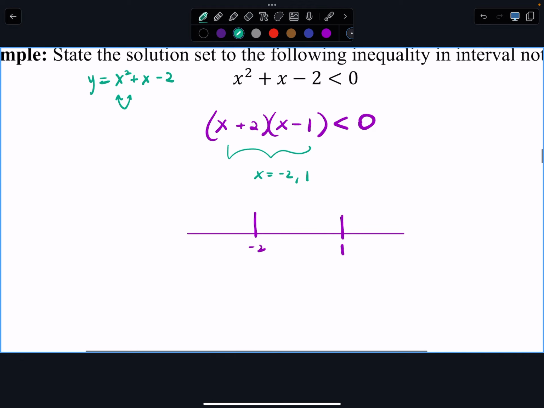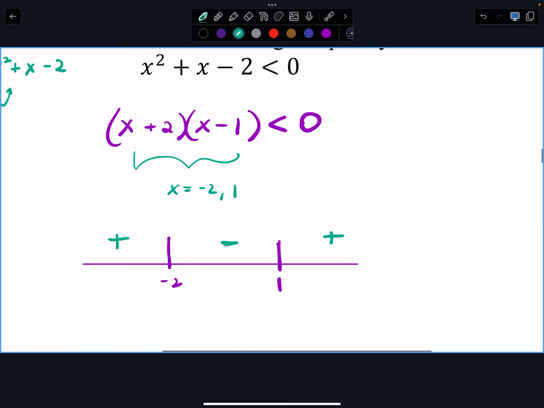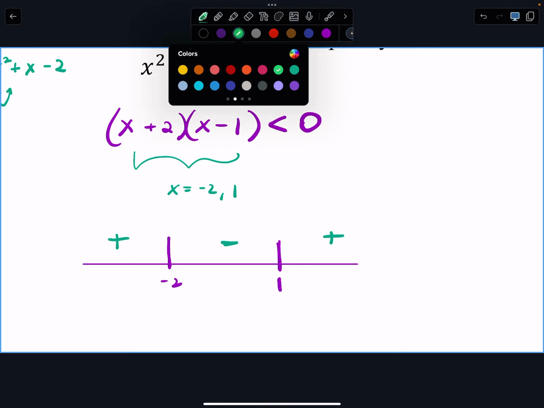So one shortcut using that knowledge is that the graph would go from being above the x-axis, positive, then below, and then back above. The other method, because we technically haven't talked about the graphs of quadratic functions, is to use a test value.